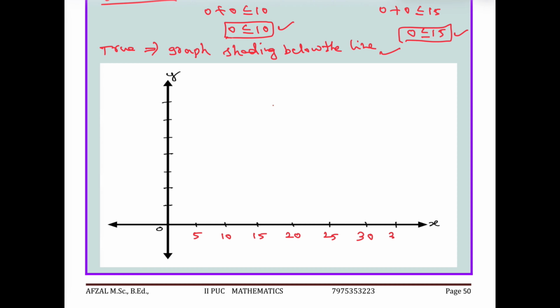Again 5 fives are 25, plus 13 fours are 52, plus 3 ones are 3. Again 5 fives are 25, minus 11 fours are 44, minus 7 threes are 21.